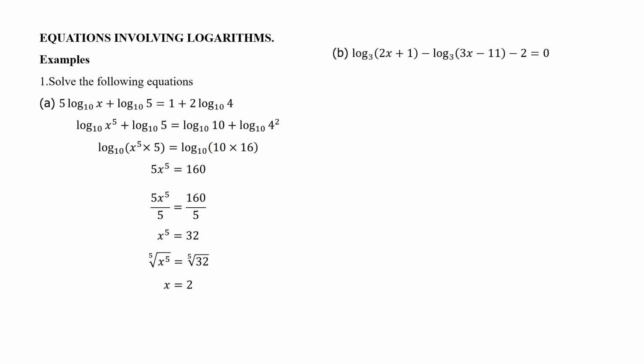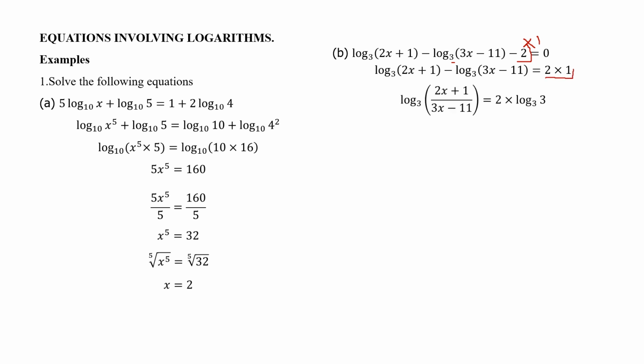When you look at part B, there is this 2 here which doesn't have log base 3. So the same way, we are going to say that the 2 is being multiplied by a 1, but the 1 is now log of 3 base 3, which is that there, the 2 times the 1, and in the next step, we make that 1 to become log of 3 base 3.